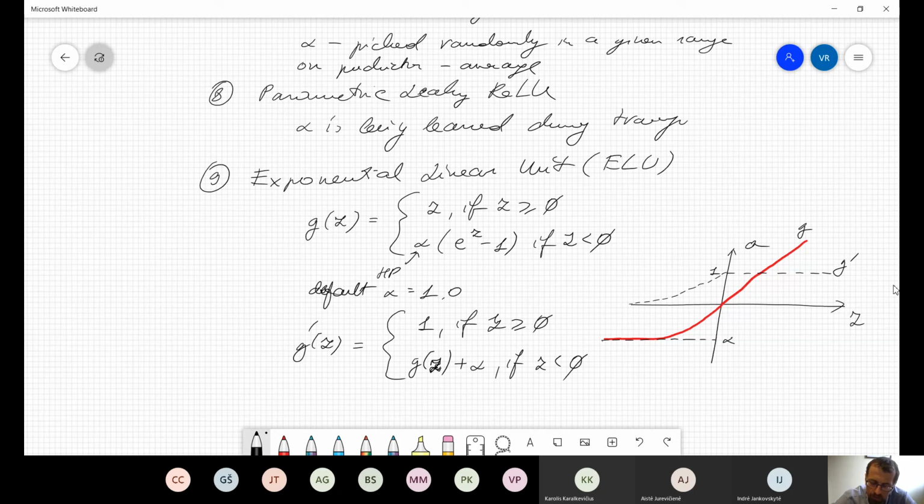Then you need to backpropagate weights coming from a negative side. So basically, it helps to train the network more efficiently. It's slower, but in the literature it is said that it outperforms.